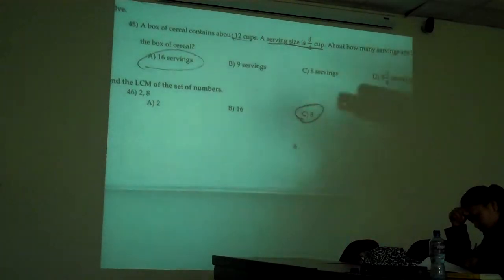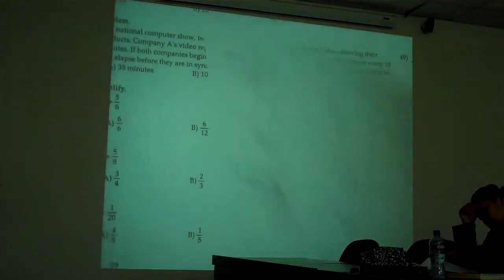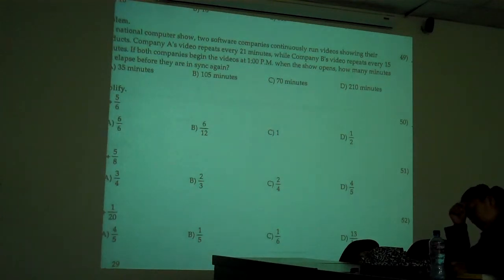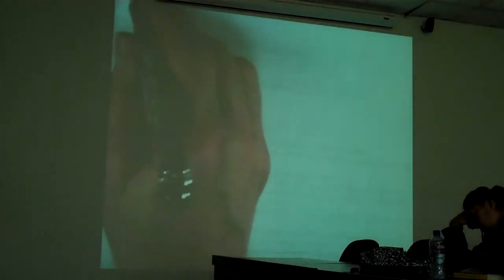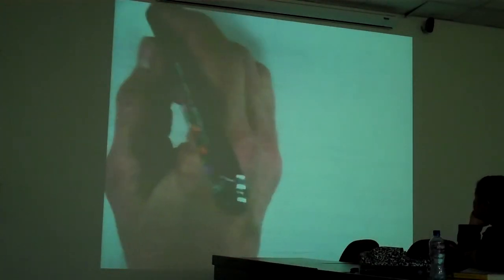Let's see if we have one that's a little harder now. 16 and 20. That one's a little harder to do in your head. Okay, 16, if you divide it up, that's 4 times 4, right?